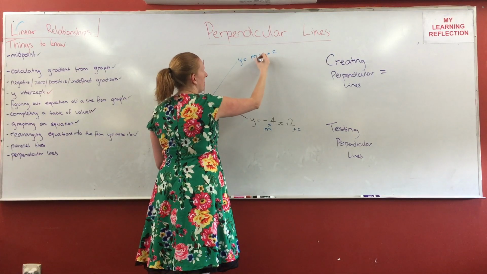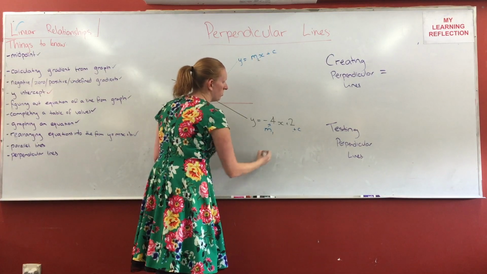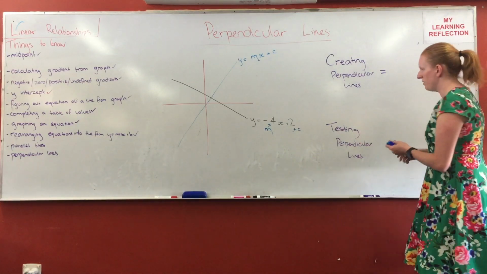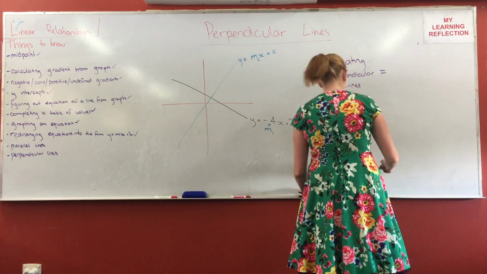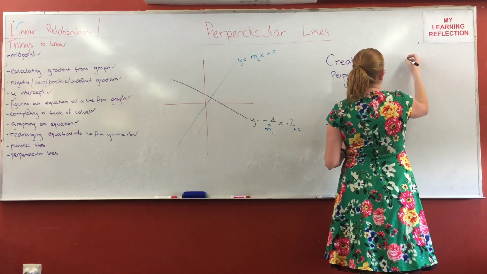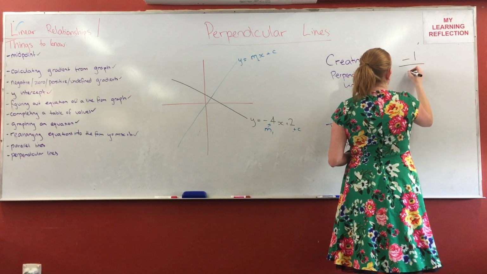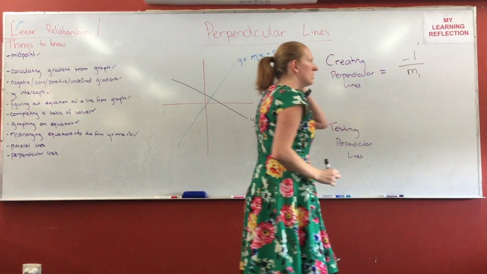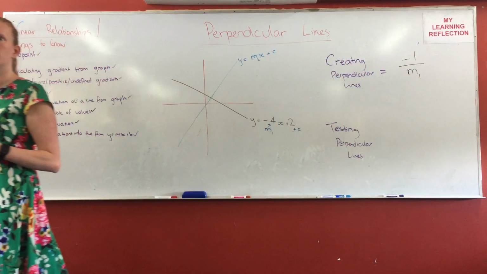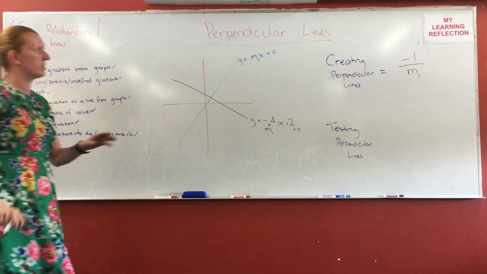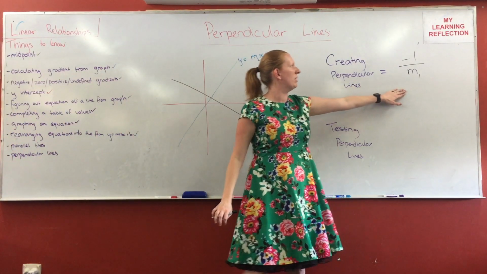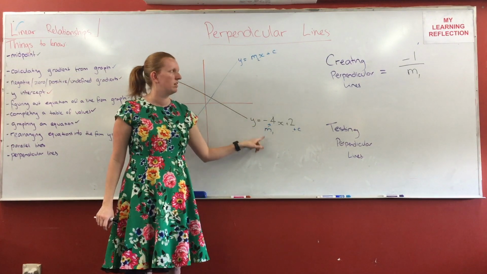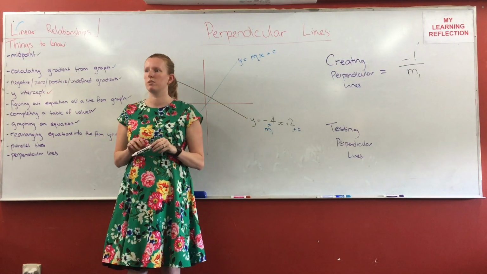This is going to be my m2, this is my m1, because it's the first m. So negative 1 over m1. And that's it. Okay? So that's my equation of how I create one that's perpendicular.